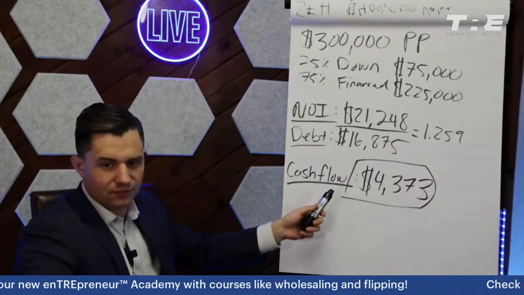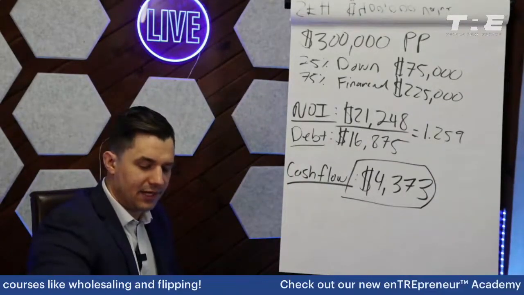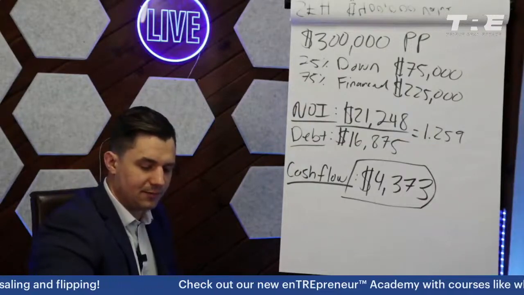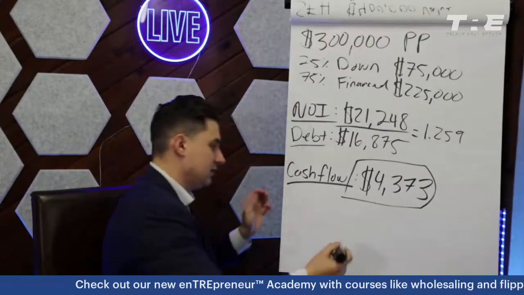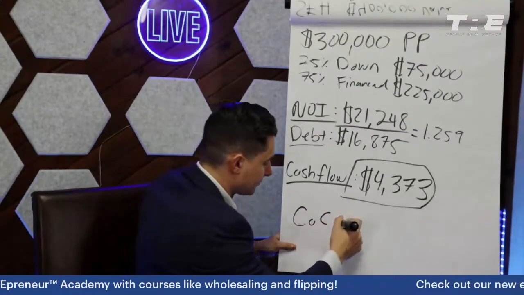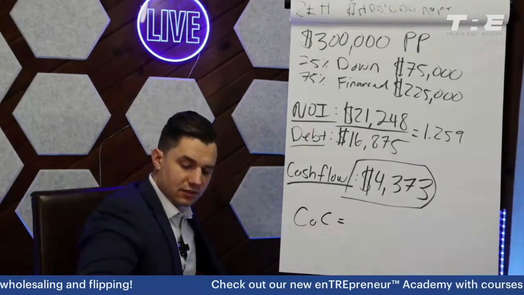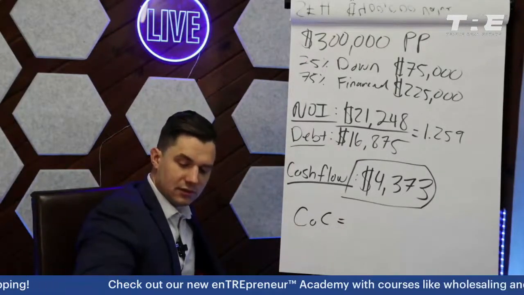This is our cash flow after our debt divided by our down payment, how much we put into the property, and our cash on cash return is how much? Real rough.